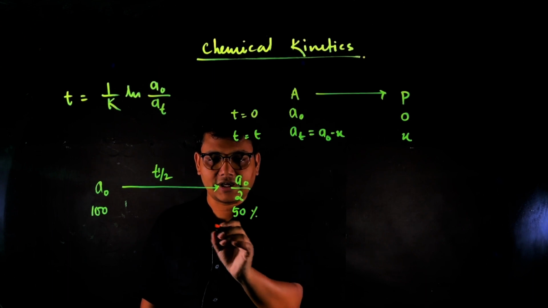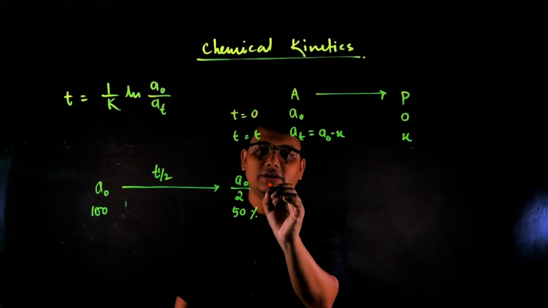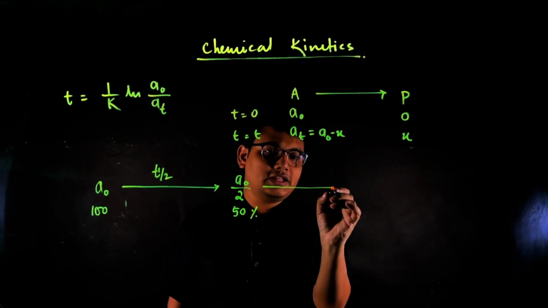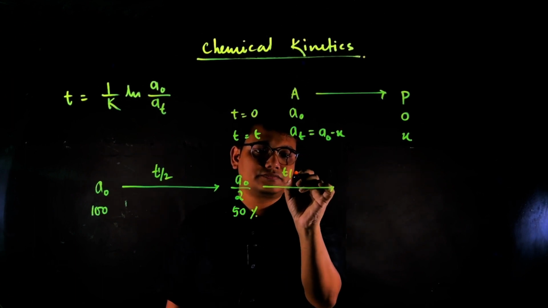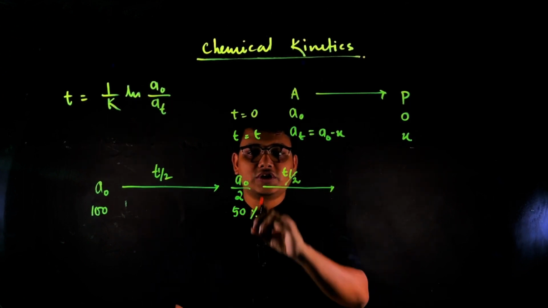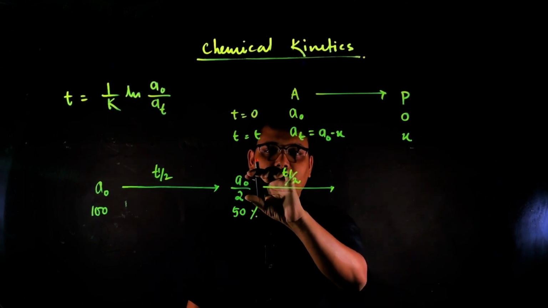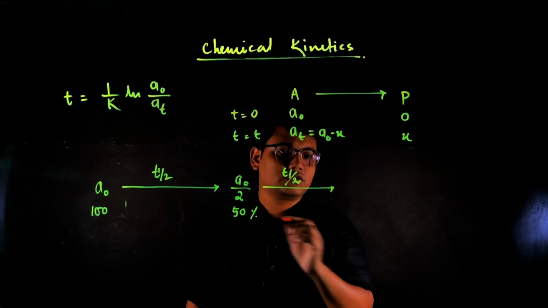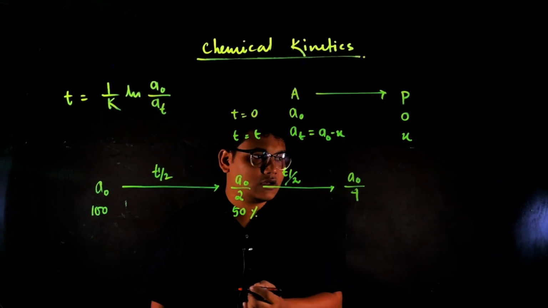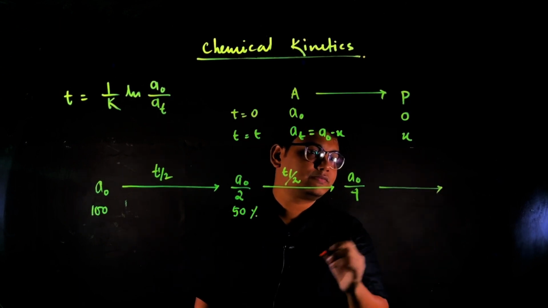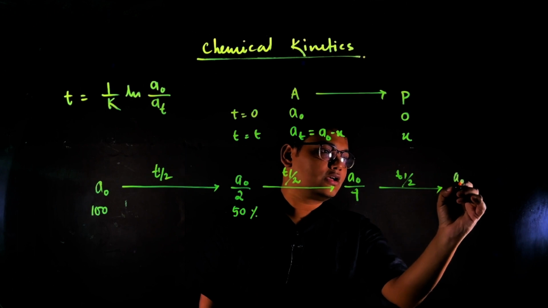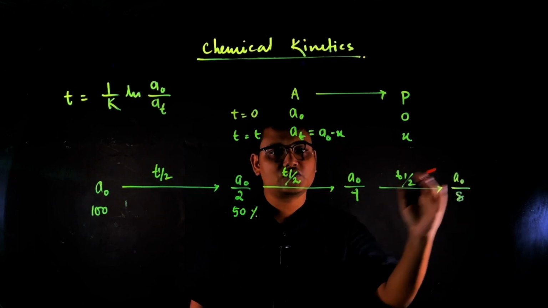Now from here, if we go another t half, what will be the concentration? The concentration will be half of this one, half of A0 by 2, so it will be A0 by 4. If you go another half-life, then it will be A0 by 8, and so on.